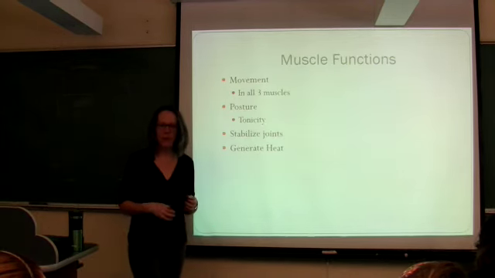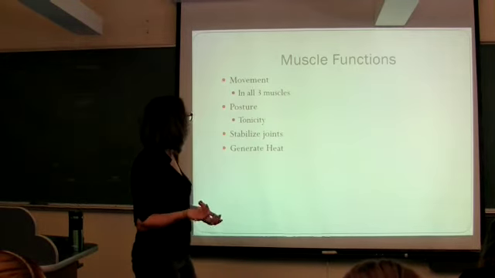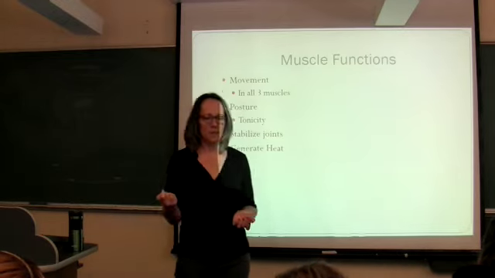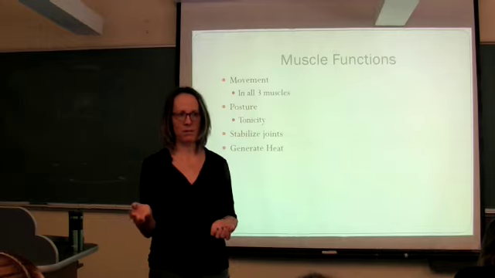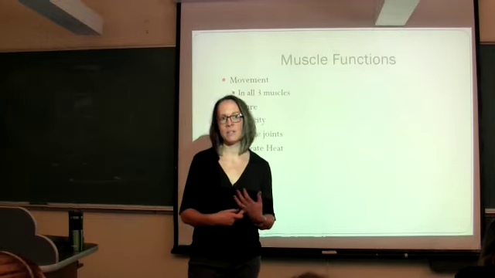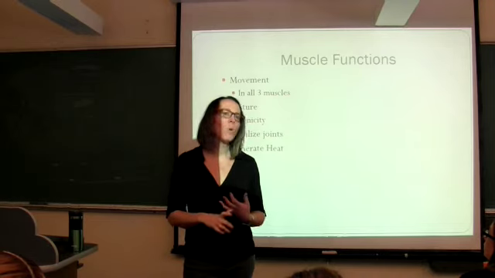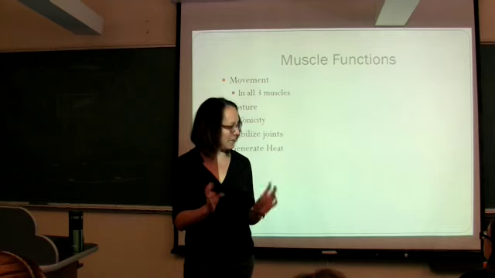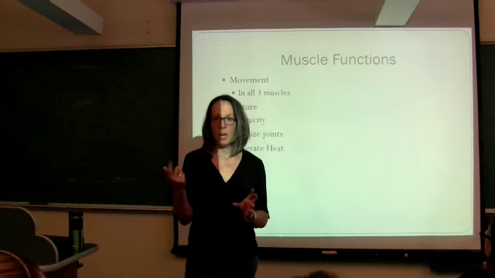Okay. Now, movement's pretty obvious. I think we sort of get that. Posture. This is something to start thinking about. You have something called tonicity in muscles. It's in your postural muscles. It's also in your GI tract. What that tonicity means is there is a slight contraction to keep that muscle ready to work.